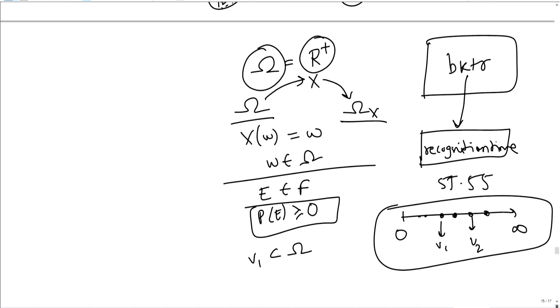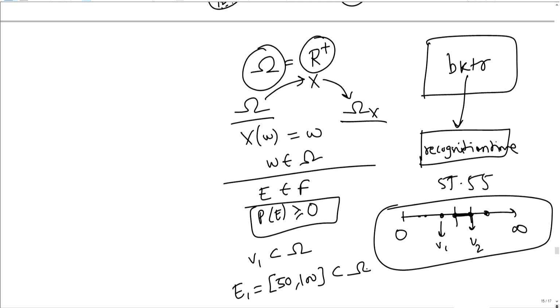What could be another kind of event? Any segment, basically any interval on this real number line, is also an event, because it's a subset of the set of positive real numbers. So, if I say the interval between 50 and 100, this is also an event, and it's a subset of your sample space omega.